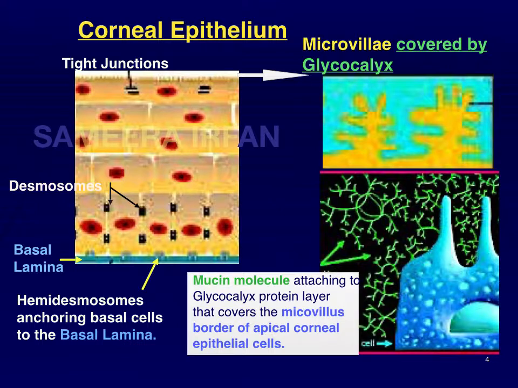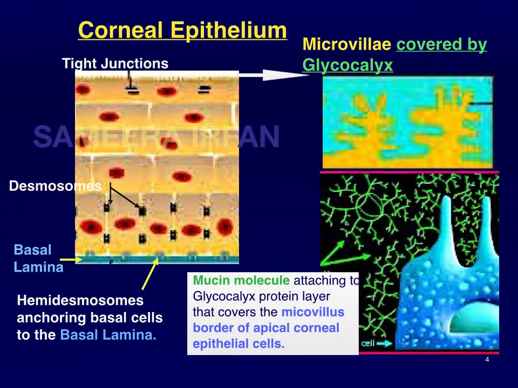Since they are charged particles, the mucin, which is secreted by the conjunctival goblet cells, is also charged. So the negatively and the positively charged mucin and the glycocalyx proteins attract each other, and the mucin coats the surface of the glycocalyx.